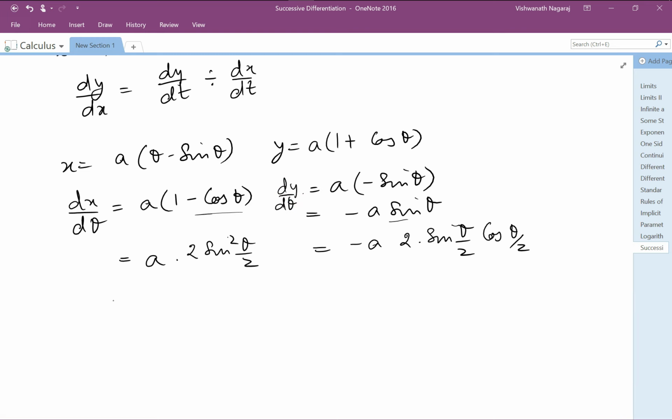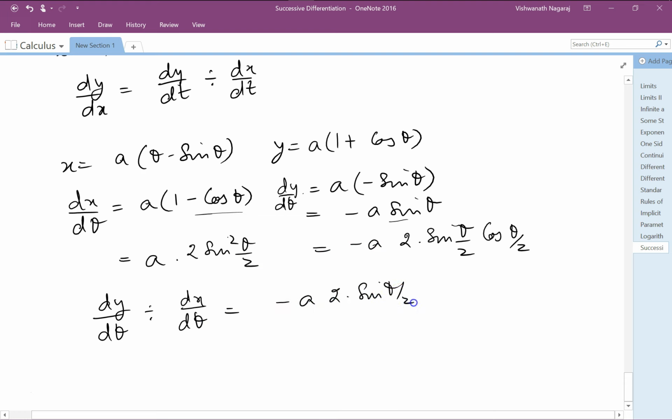Okay, so now we want dy by dx. So dy by d theta divided by dx by d theta gives us minus a 2 sine theta by 2 cos theta by 2 divided by a 2 sine square theta by 2.